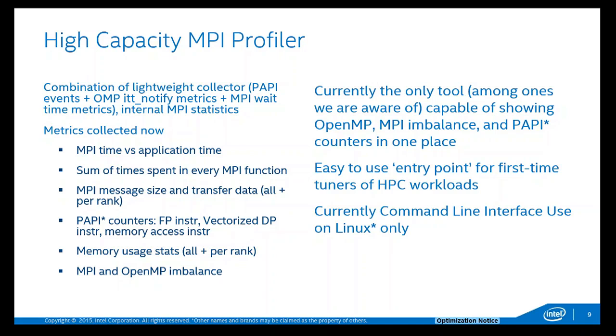The metrics that it provides to you as a developer are the total time spent in MPI versus the total time spent in the application. At a very high level, it gives you data about how much of your total time is really spent in potentially blocking MPI calls. It also gives you a breakdown of the MPI imbalance.